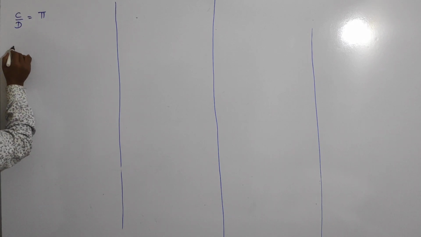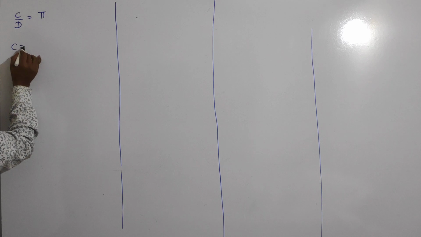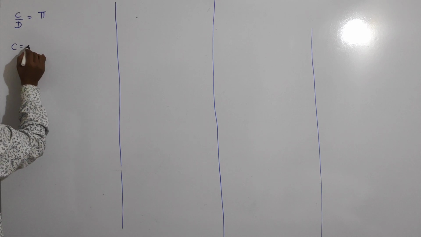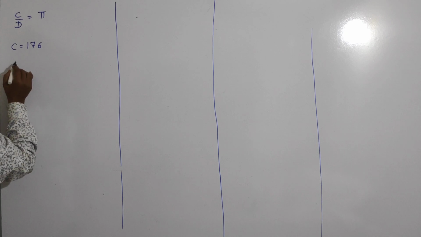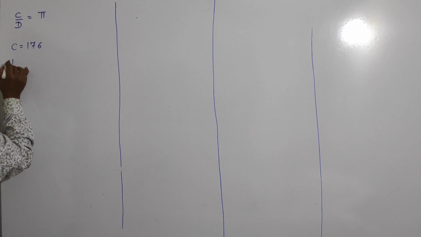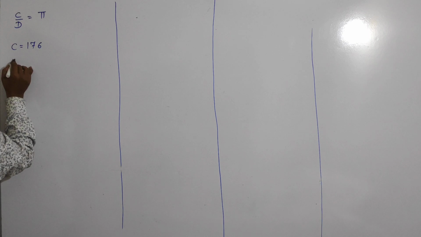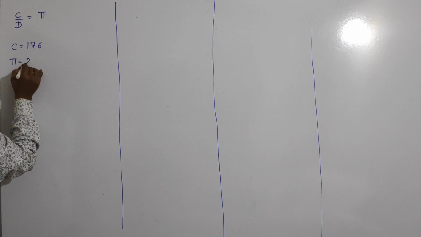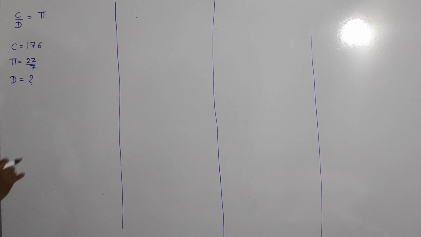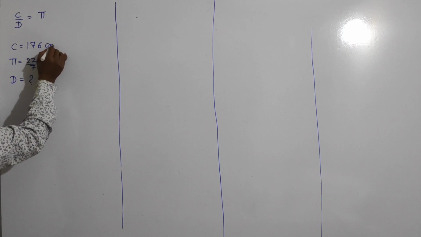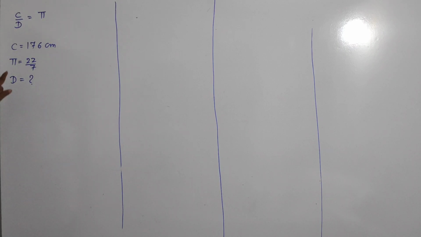If I say circumference is 176 and pi is 22 upon 7, find D. If circumference is 176 and pi is 22 upon 7, find the value of D. So what you have to do?